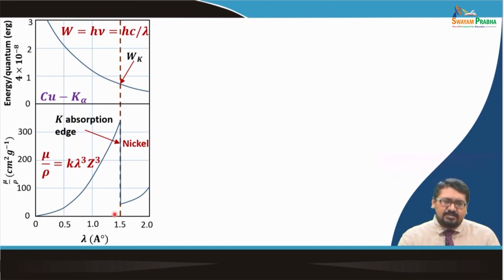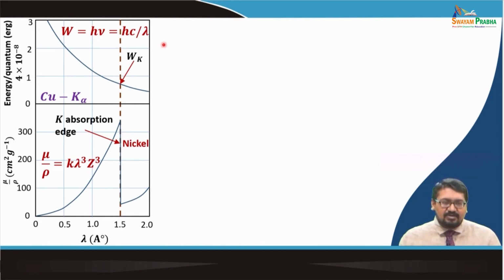Now, if we plot lambda on the x axis versus the energy per unit quantum, you will find that as lambda is decreasing, the energy of this radiation is increasing, because the relationship of energy, that is W, is equal to h nu, where h is Planck's constant and nu is the frequency, which is equal to h c by lambda. So, as the energy of the incident radiation is increasing, the lambda is decreasing.